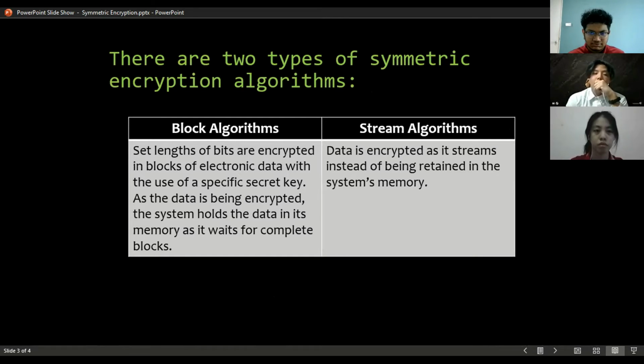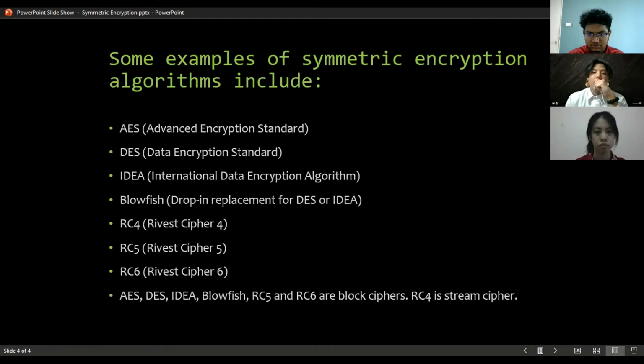Block algorithms: set lengths of bits are encrypted in blocks of electronic data with the use of a specific secret key. As the data is being encrypted, the system holds the data in its memory as it waits for a complete block. Stream algorithms: data is encrypted as streams instead of being retained in the system memory.